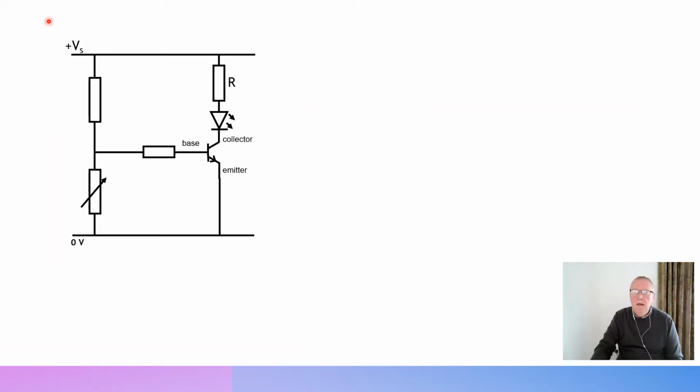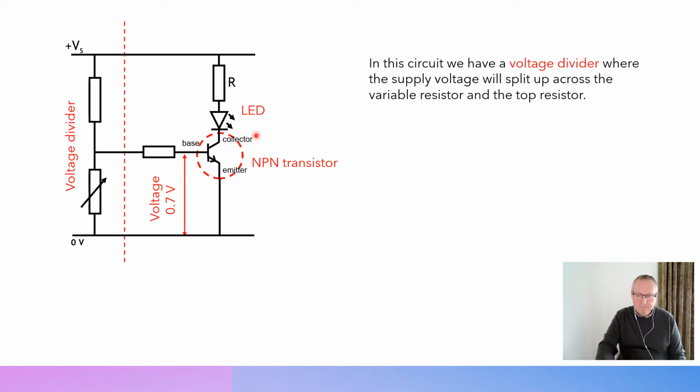So what we've got here is a very complicated looking circuit, except it's not really. If you look at the left-hand side of the circuit here, you should recognize this as being a voltage divider circuit. This, in actual fact, is the same circuit that was on the wee circuit board that I was using in the video. We've got the variable resistor in the bottom half of the voltage divider, and an ordinary resistor at the top, and the voltage across here is the input voltage to the NPN transistor, and we have the LED and the protective resistor for the LED there.